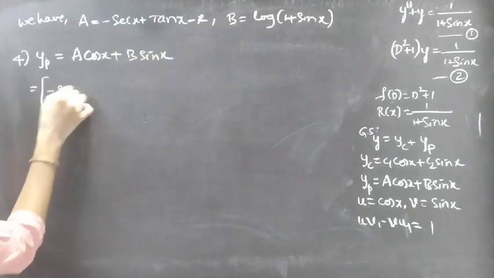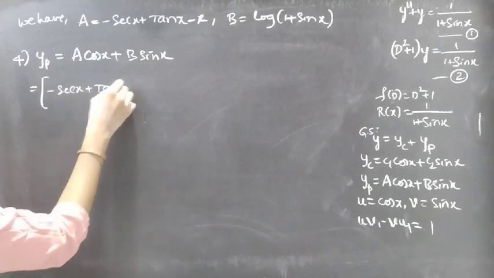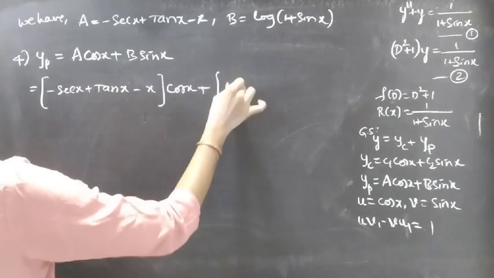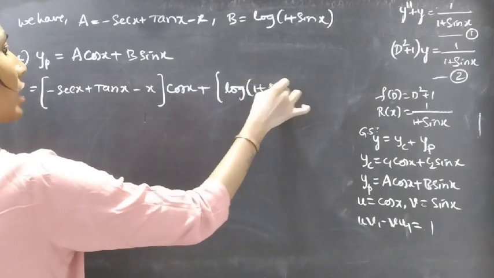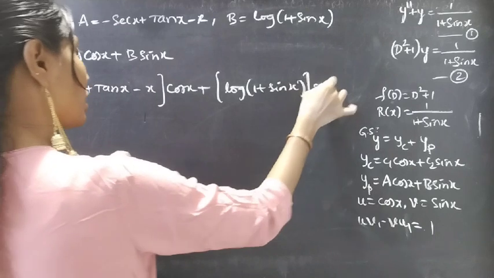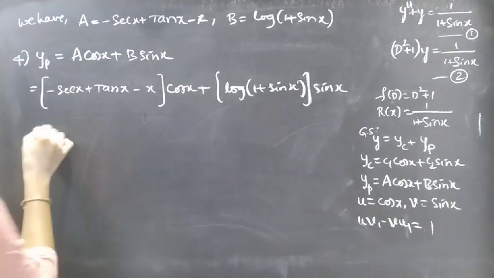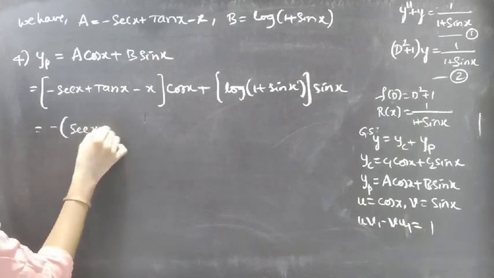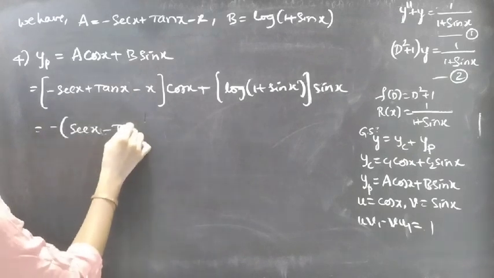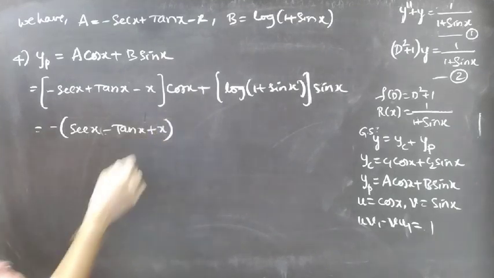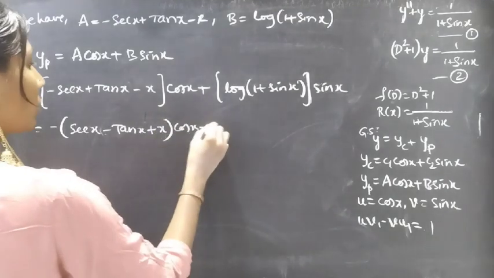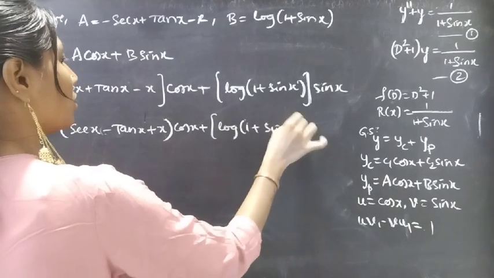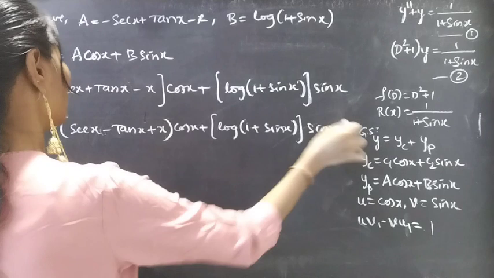We'll have minus secant x plus tan x minus x into cos x plus log of 1 plus sin x into sin x, or we can take minus common from the first three terms, we'll get minus of secant x minus tan x plus x into cos x plus log of 1 plus sin x into sin x, which is the required yp.